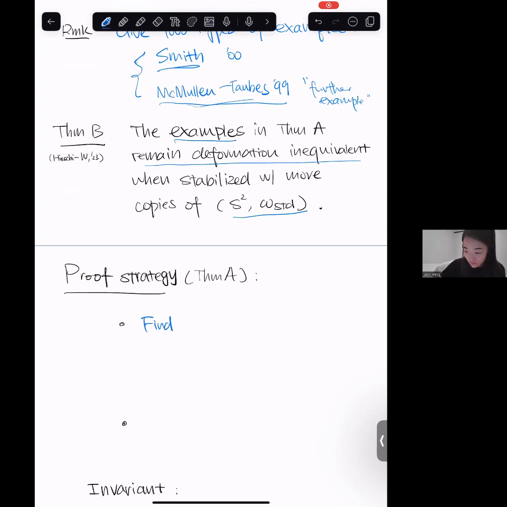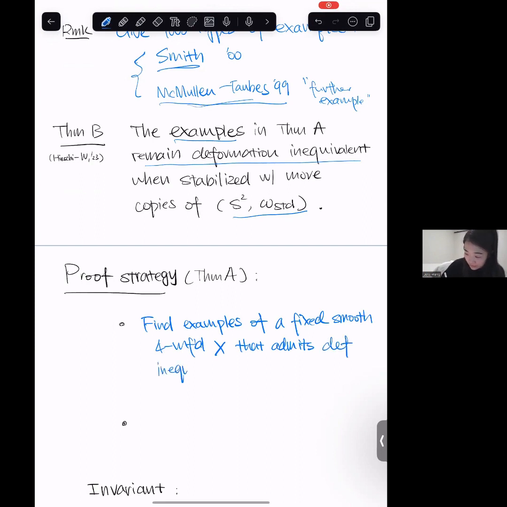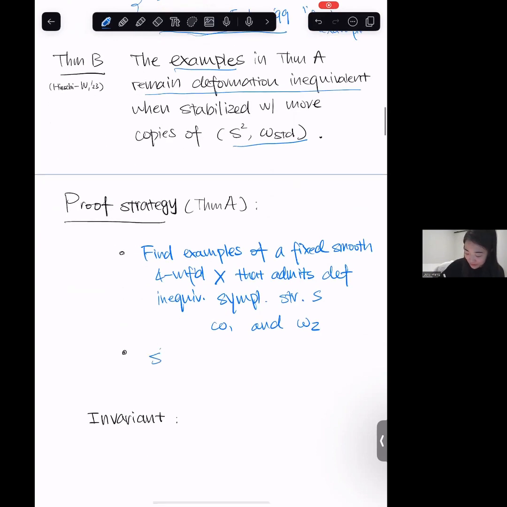So you want to find examples of a fixed smooth manifold X that admits deformation inequivalent symplectic structures, omega 1 and omega 2. And then we want to show that their stabilizations are non-equivalent.